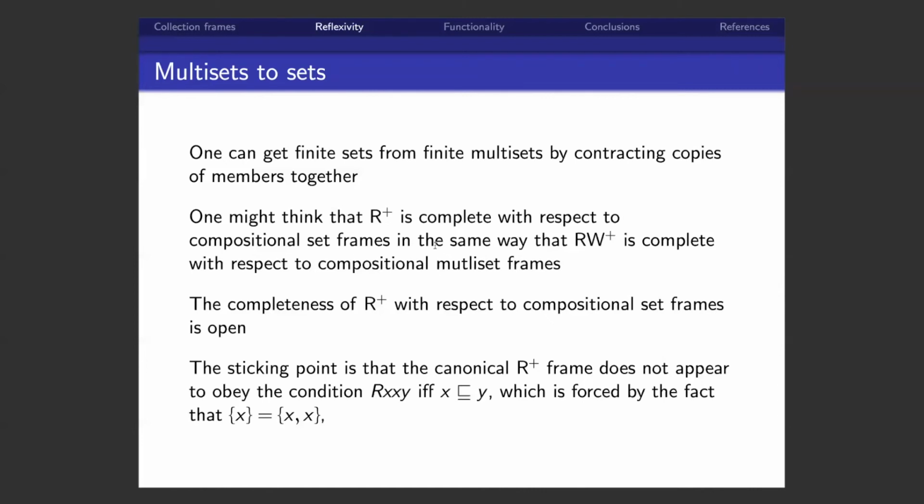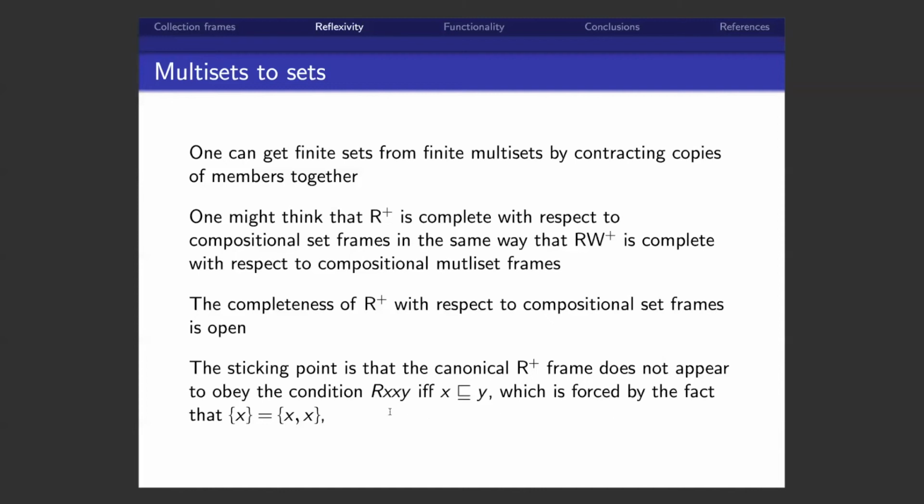The completeness of R plus with respect to compositional set frames is still open, and the sticking point is sort of weird. The sticking point is that the canonical frame argument that I just mentioned via translation is not going to work.